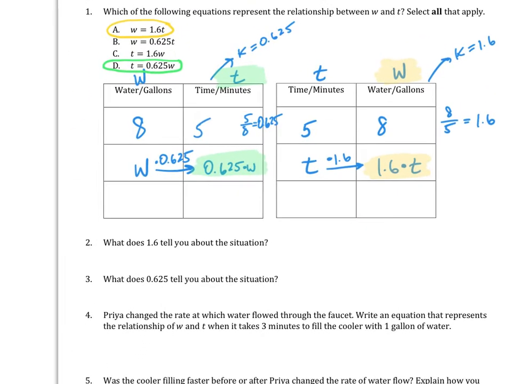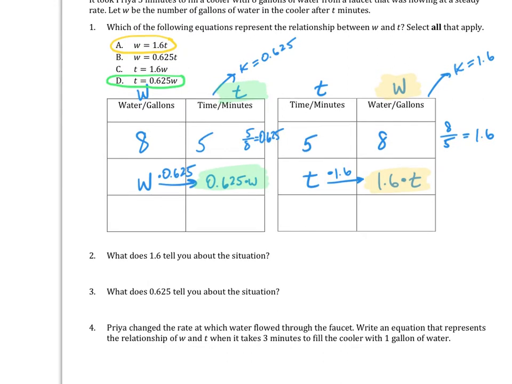Now we have to answer the rest of the question. What does 1.6 tell you about this situation? This is our constant of proportionality, but we don't want to just say it's the constant of proportionality. If we were to add to our table one value for each, and multiply each one by the constant of proportionality, I get 0.625 for the first table and 1.6 for the second table.